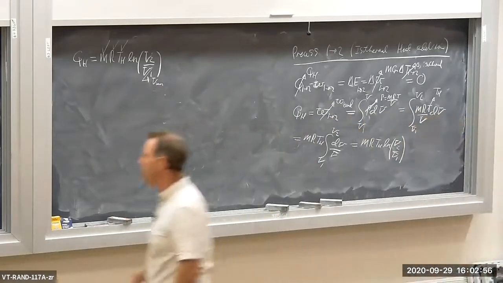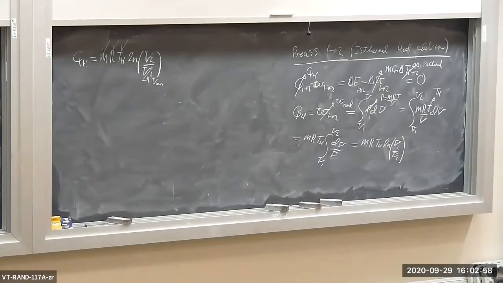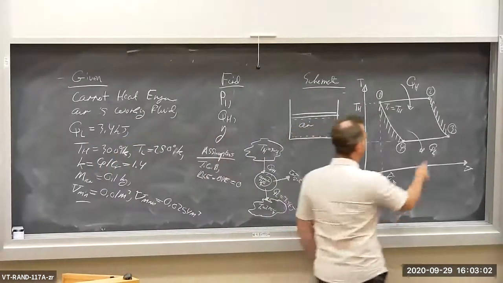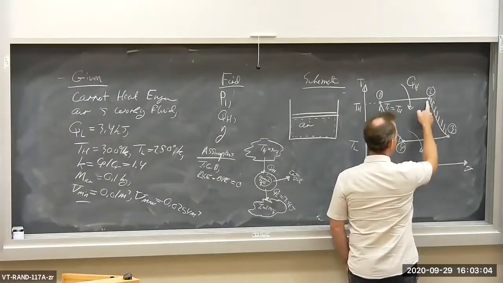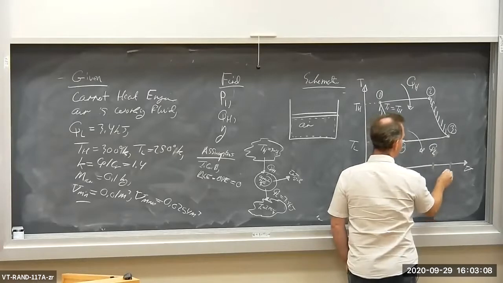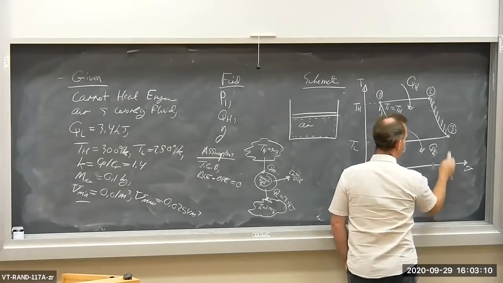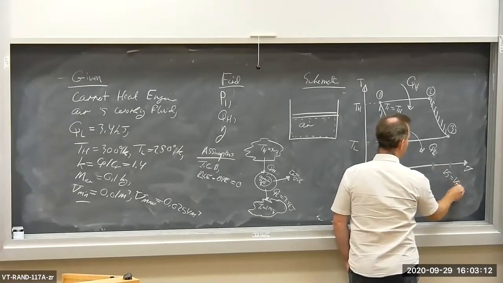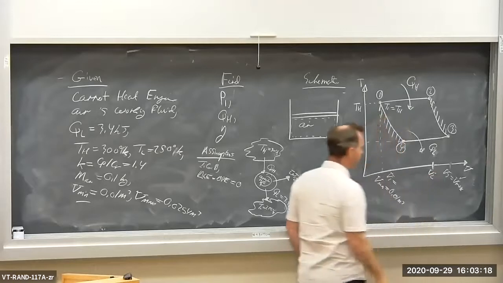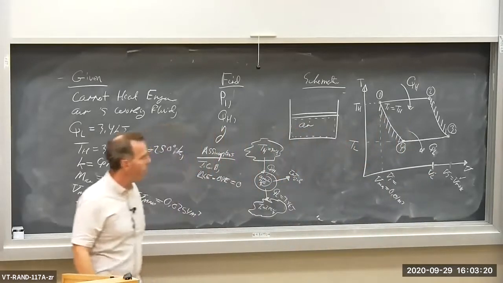V2 is some intermediate volume somewhere between V min and V max. V3 is equal to V max, which I have, by the way. I don't know what V2 is.